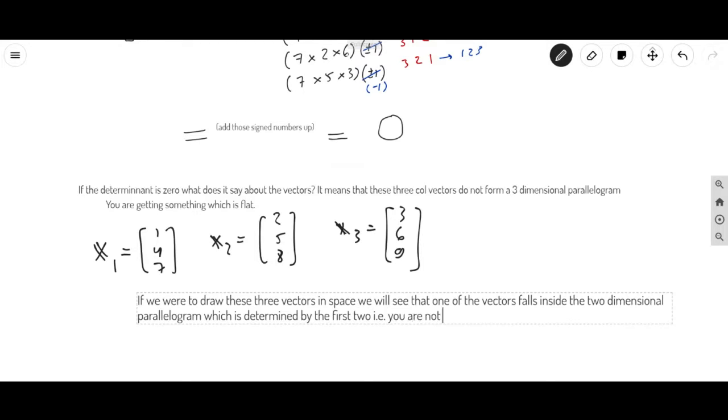So in other words, you are not getting a 3D picture. That's what that means.